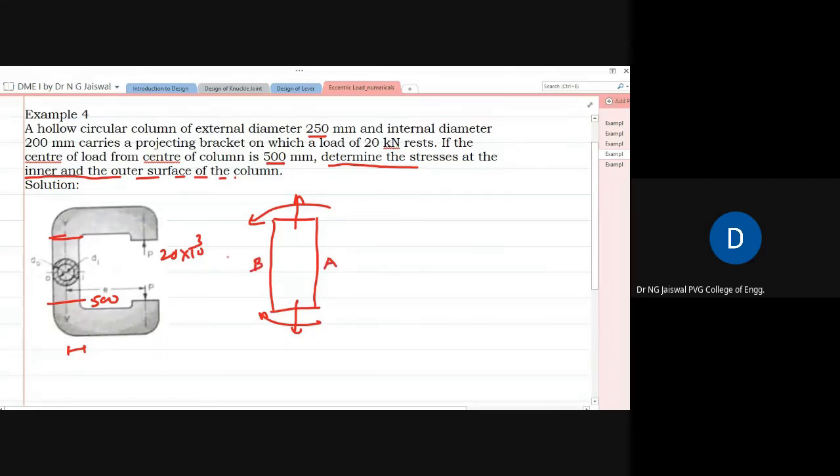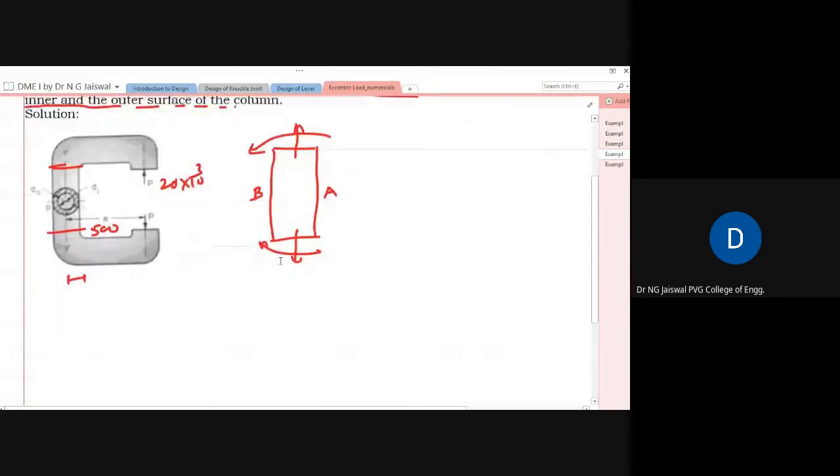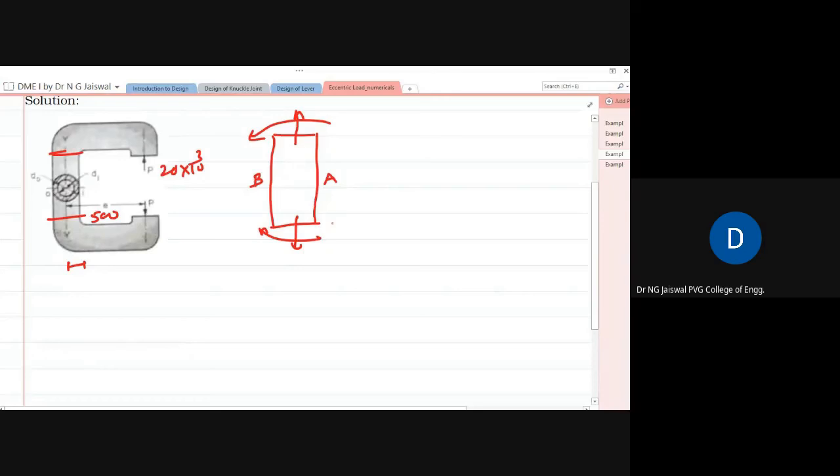If I go this way, A fiber will be subjected to addition of stresses, because both are tensile, one from the direct load and one from the moment. Whereas B fiber is subjected to subtraction. So simply, sigma T at A will be equal to P by A plus M upon I by y.